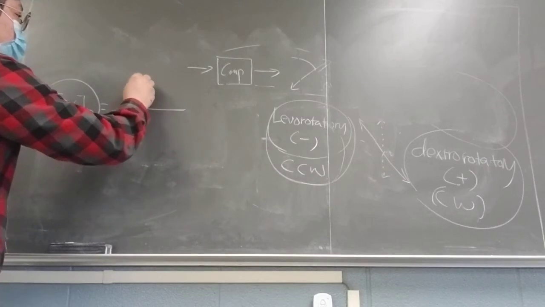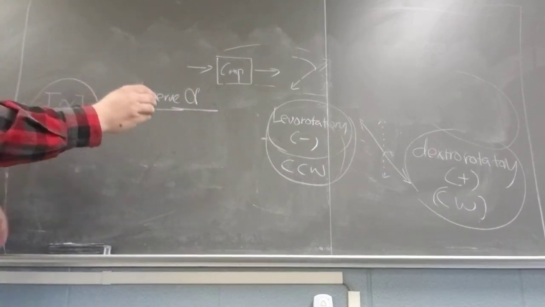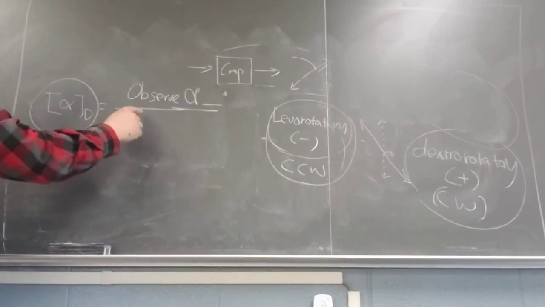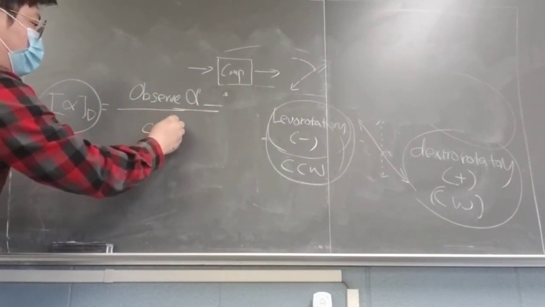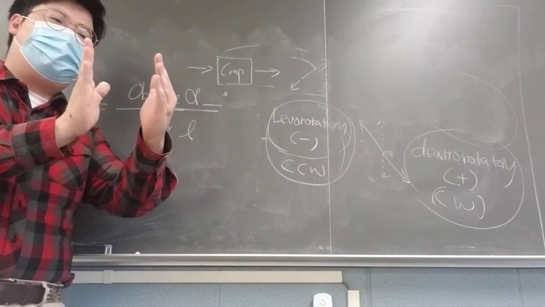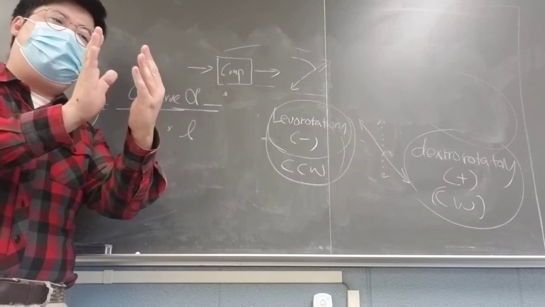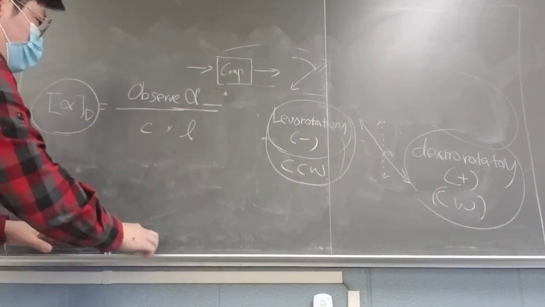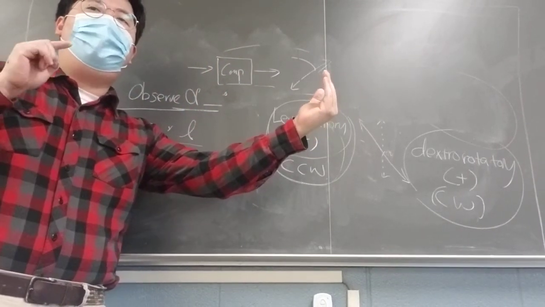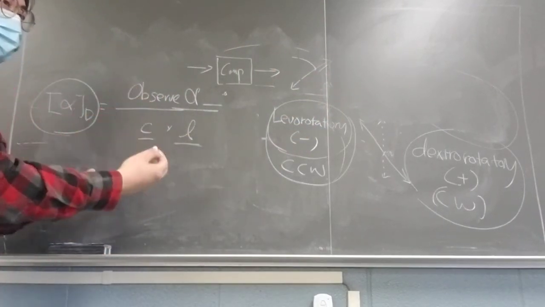Whenever you have an observed degree that rotated, that degree will be divided by the concentration and the path length. Because even in the same path length, if it's highly concentrated, that means more compound the light has to get through, right? And also, if you have a long path length, it also means you have a lot of compound the light has to go through. So we make these two at a certain standard condition.